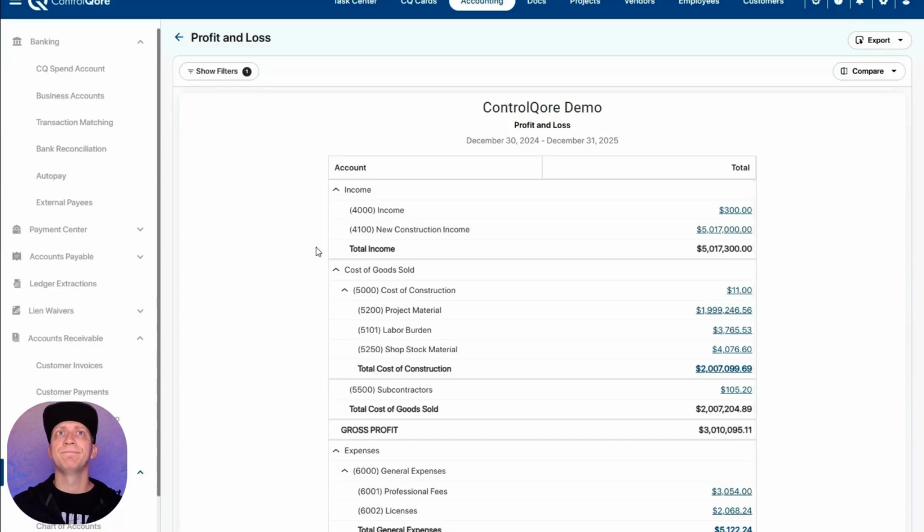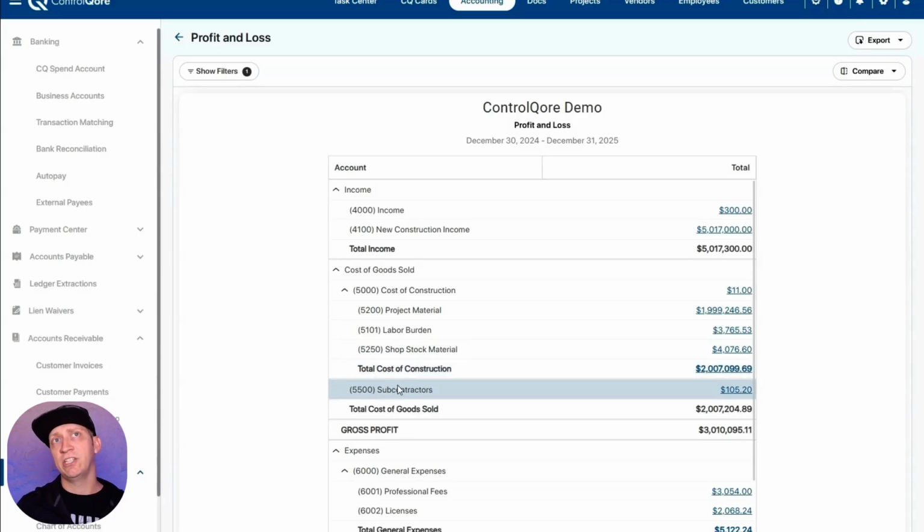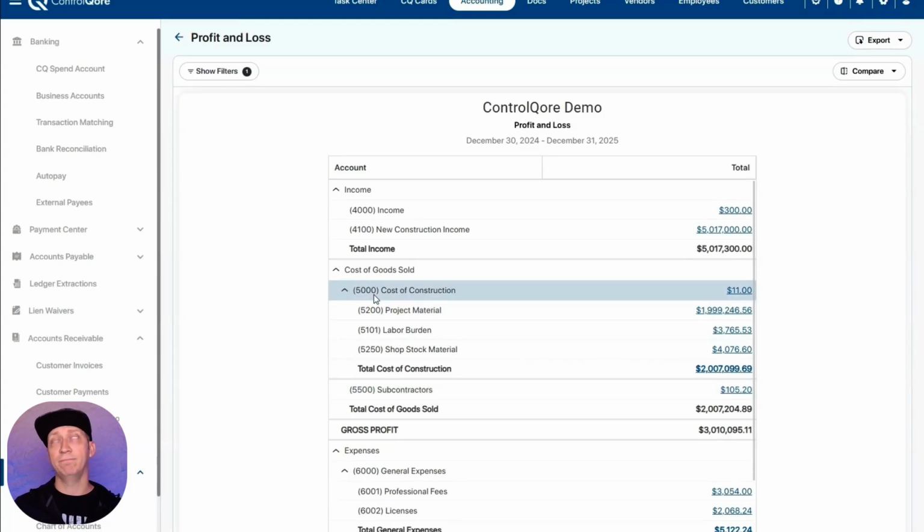So I'm going to move down to the next section, cost of goods sold, cost of construction. Again, same concept. This is the cost of construction, it's 5,000. Then you have all these codes underneath it, even 5,500. Now this is just a nuance of how it's put in the system. The subcontractor at 5,500 is not considered a sister or a child version of this.